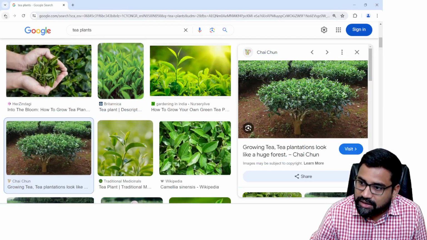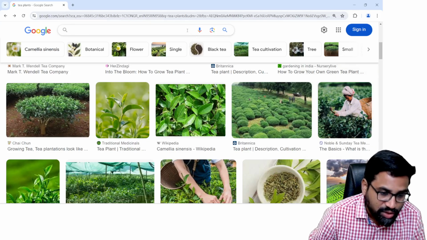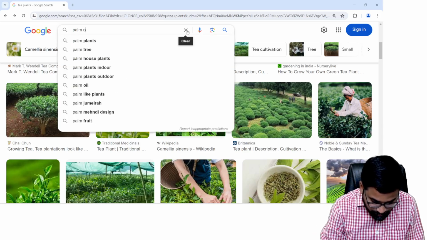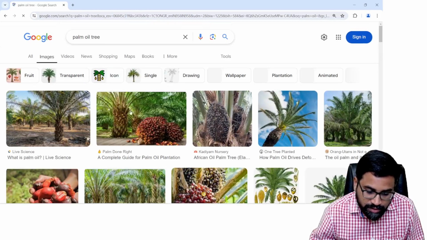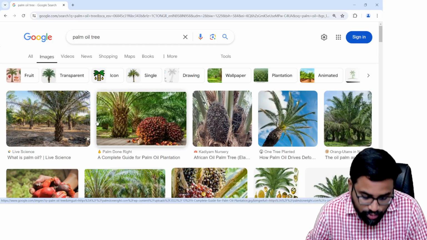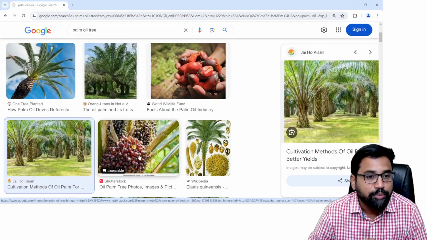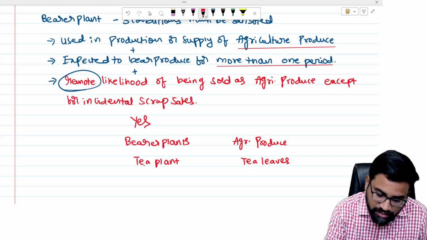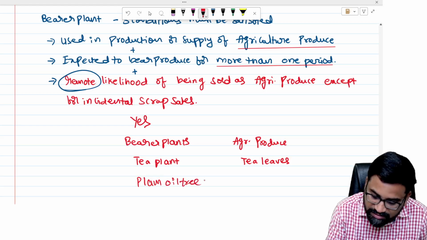Similarly, I can say one more thing. What is that? Palm oil tree. See, this is the palm oil tree, sir, from which oil is extracted. Now this palm oil tree is also a bearer plant, sir.